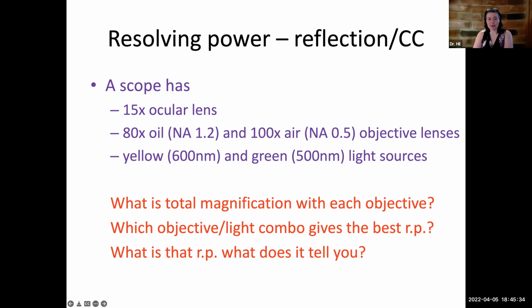So if there was a microscope that had a couple of objective lenses, an 80x oil that had an NA of 1.2 and a 100x air objective with an NA of 0.5, which of these objectives do you think would be better to use if you want to get really good resolution? Put that into the chat. Which of these objectives would you pick if you were trying to see the most detail?